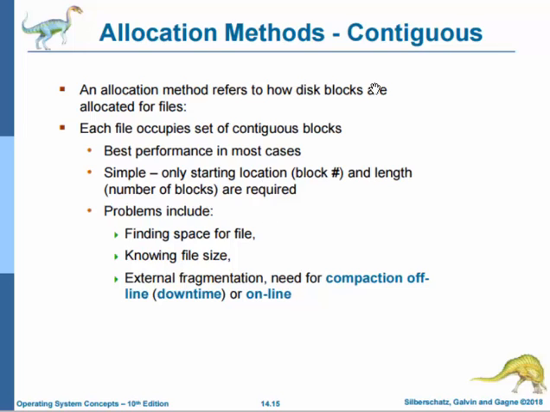Taking a look at contiguous allocation, contiguous allocation requires that each file occupy a set of contiguous blocks on the device, and device addresses define a linear ordering on the device.